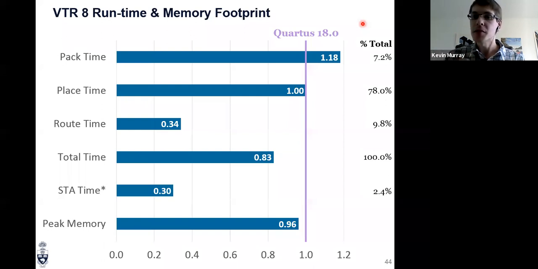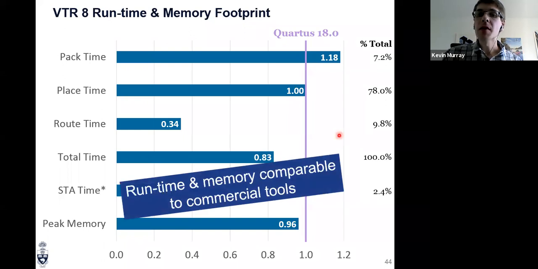So that's perhaps a reasonable trade-off. Our placement time is comparable to what Quartus can achieve, and we are able to complete routing significantly faster than Quartus. But overall, the key takeaway here is that the runtime and memory footprint of VTR8 is comparable to what commercial tools can achieve.